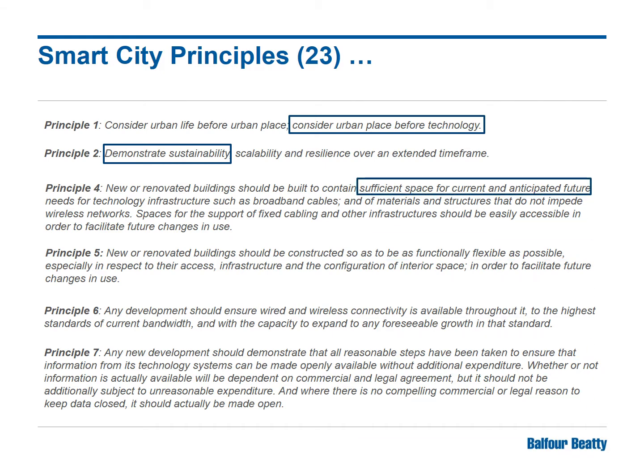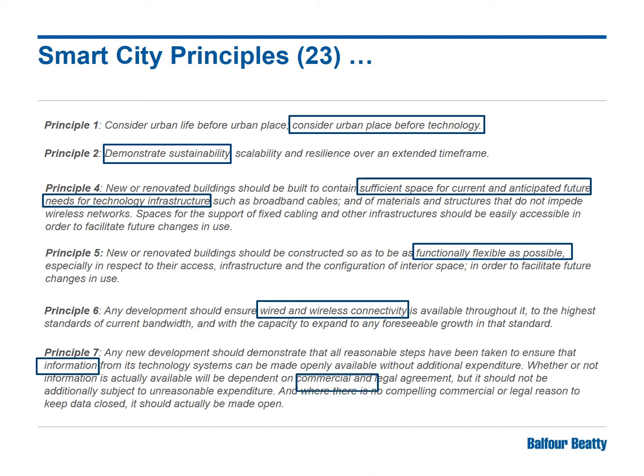Consider the future technological infrastructure needs. The facilities should be as flexible as possible, and should include wired or wireless connectivity, and information should be openly available.